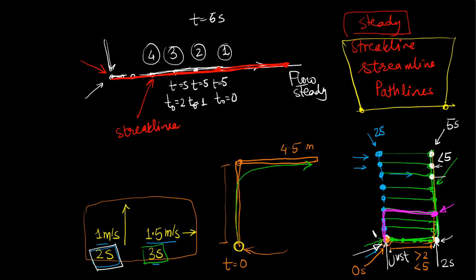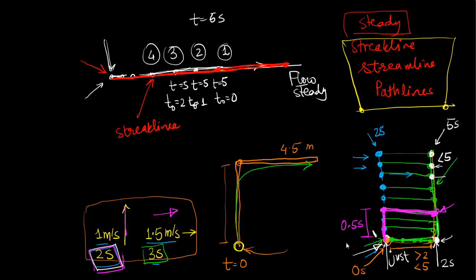This particle would move up, but because it was injected a certain time before 2 seconds, it moved slightly up. Then it sees that the flow has changed from 1 meter per second up to 1.5 meter per second towards the right, and thus it has traveled like this. So it has not seen the entirety of the 2 seconds of the 1 meter per second flow. It has seen only a part of it, suppose only 0.5 second of it. Is it clear by this?